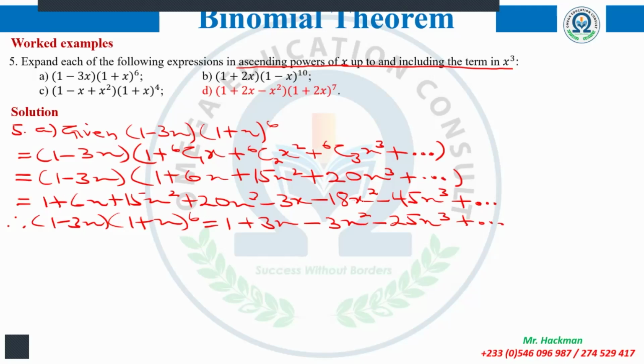When we expanded this, any term that was beyond s to the power 3, which is s cubed, we didn't write it, and we introduce it with the ellipsis. That's all. So the same approach that we are going to use.